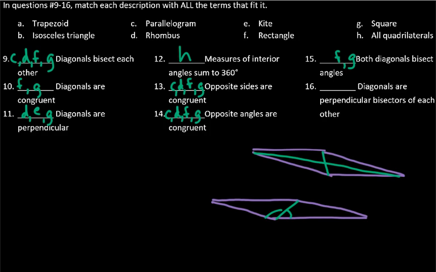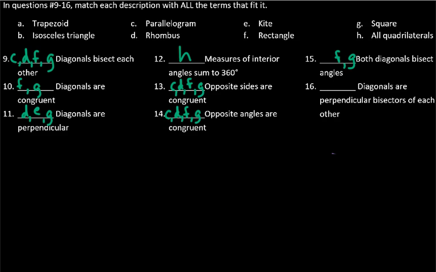Nope, that's not going to be congruent. So it doesn't work for a parallelogram. What about a rhombus? So all four sides congruent. I think that one is always going to have diagonals that bisect the angles. And a trapezoid, no.